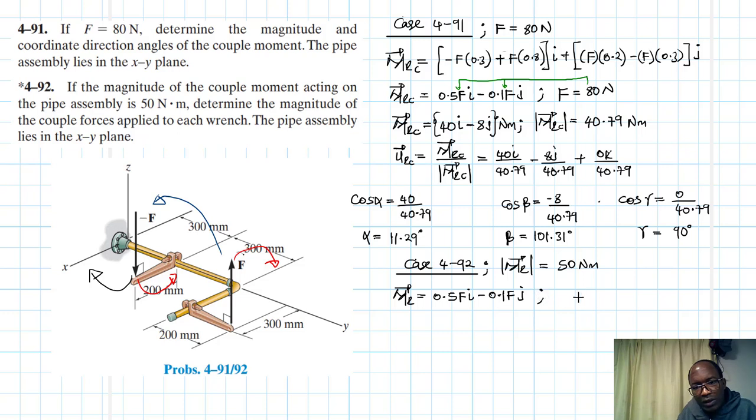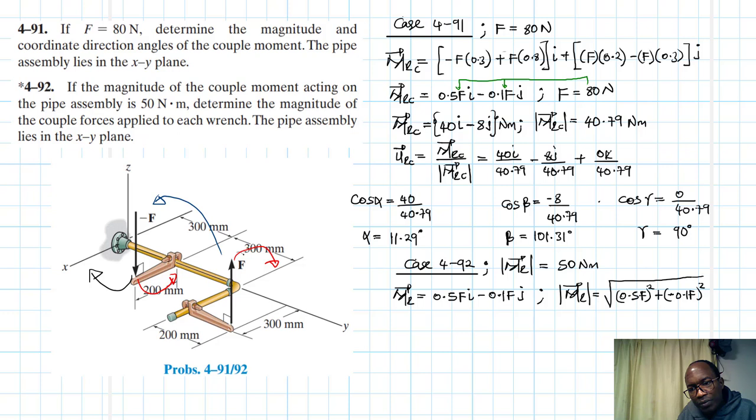All right, and writing this as a magnitude, this will just be equal to the square root of (0.5 F) squared plus (minus 0.1 F) squared.